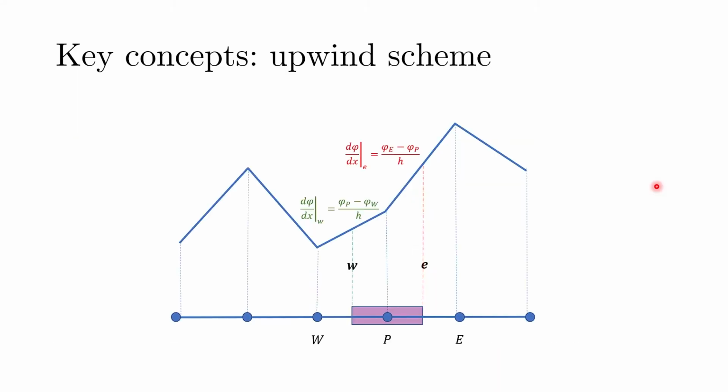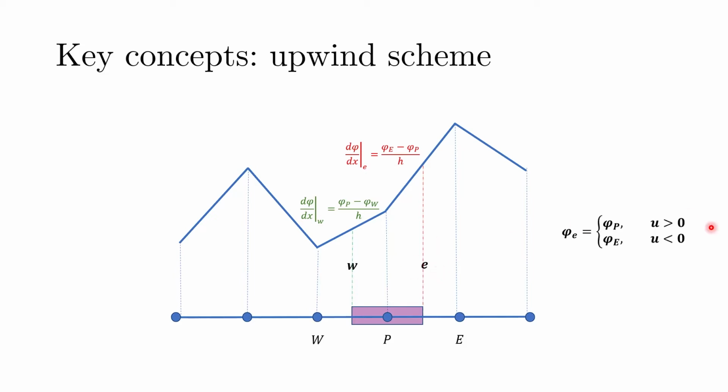To put it a little more mathematically, in order to understand how we evaluate phi at small e and small w, the control volume faces, first of all, we don't change the gradients. Here, we assume that the variation of phi is still linear for the gradients. But for the evaluation of phi at small e and phi at small w, let's first consider small e.